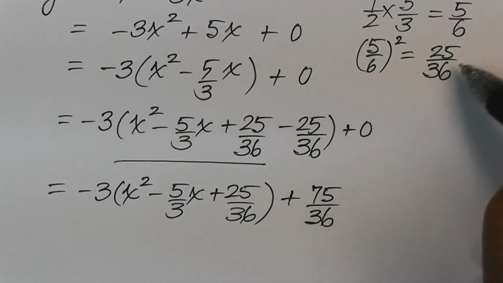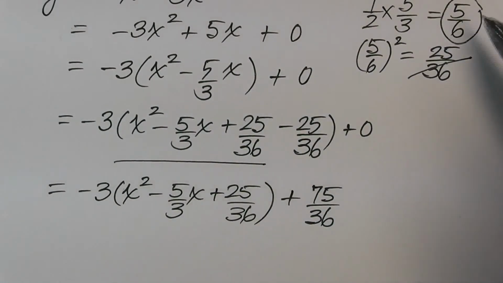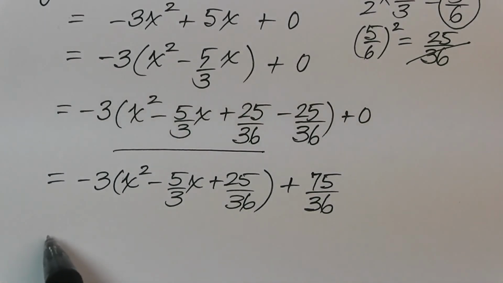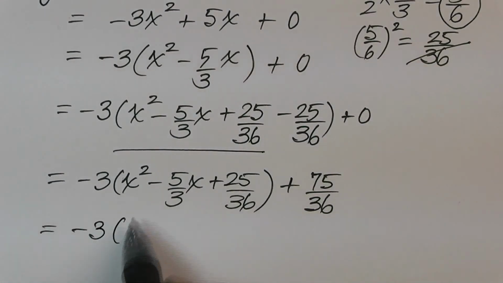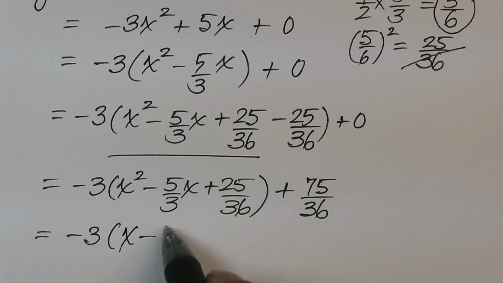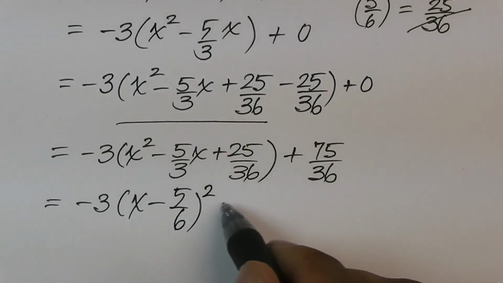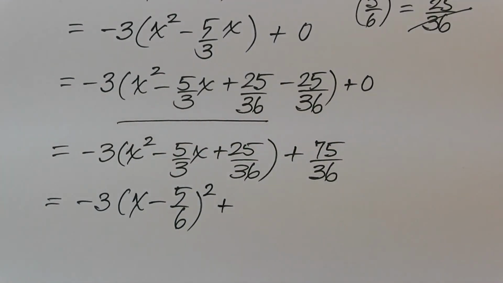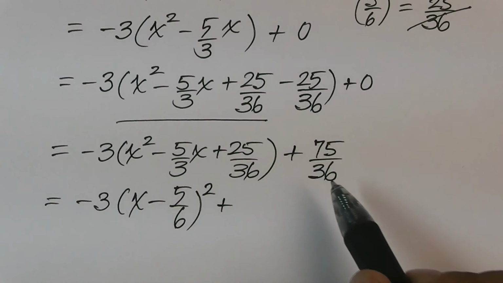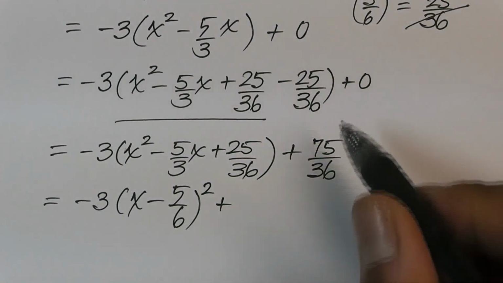Now, remember that 25 over 36 that we added? We used that, so now we've got this one, and that's going to come in handy here because this becomes negative 3x minus 5 over 6 squared plus. Now, we've got 75, we've got 36, and we don't want to leave it like that because we can actually reduce it.